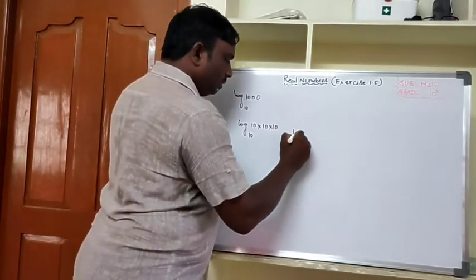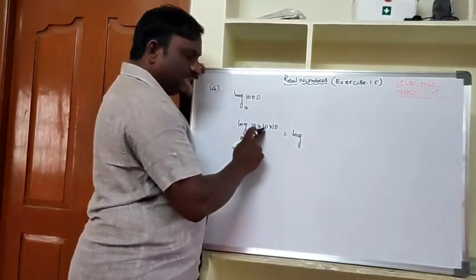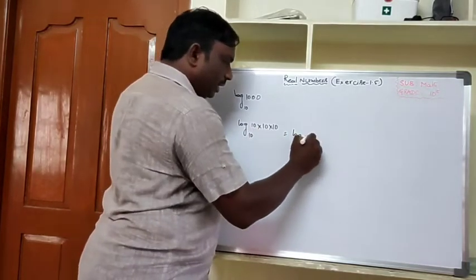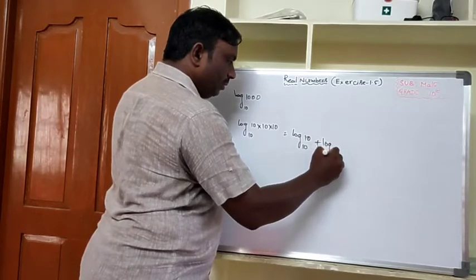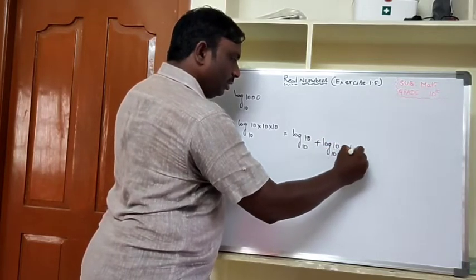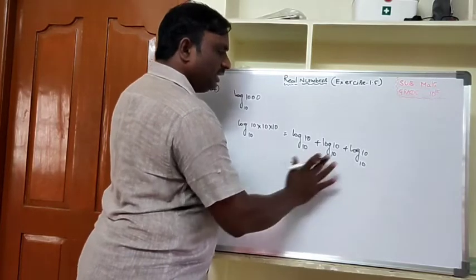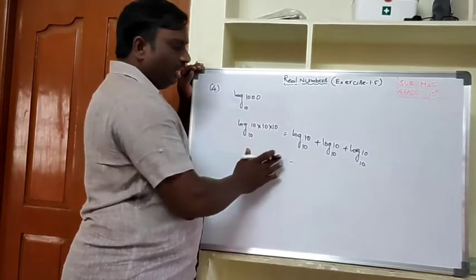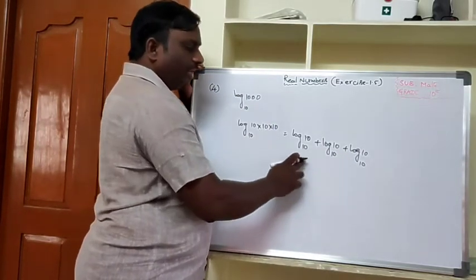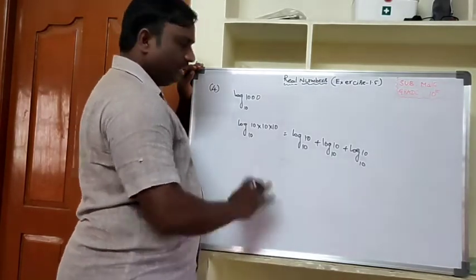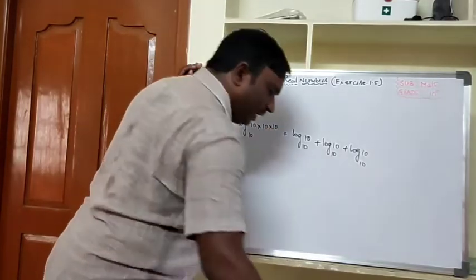This is the product rule, log x into y into z, any number of multiplications. Then you can take log 10 base 10 plus log 10 base 10 plus log 10 base 10. So this is the expanded form of log 1000. If you want to find the value, you can write 1 plus 1 plus 1, that is 3. That is the expanded form. Just you have to expand.